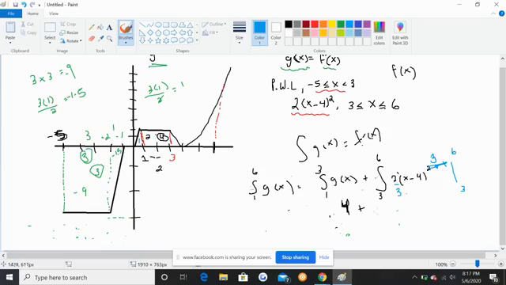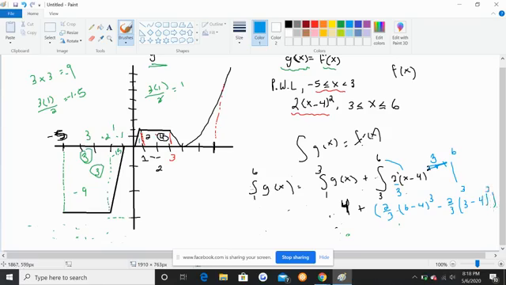Okay, so now we know that this is equal to 2 over 3 times, let's plug in our upper boundary, 6 minus 4 to the third, minus 2 over 3 times our lower boundary, where we plug in 3 for x, 3 minus 4 to the third.